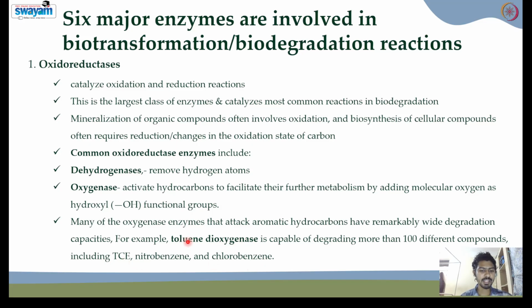So this kind of enzyme is very famous and effective in degrading many kinds of pollutants. So this comes under the first class of enzymes, which is oxidoreductase, where this enzyme helps in catalyzing both oxidation and reduction reactions. And this is one of the largest classes of enzymes.